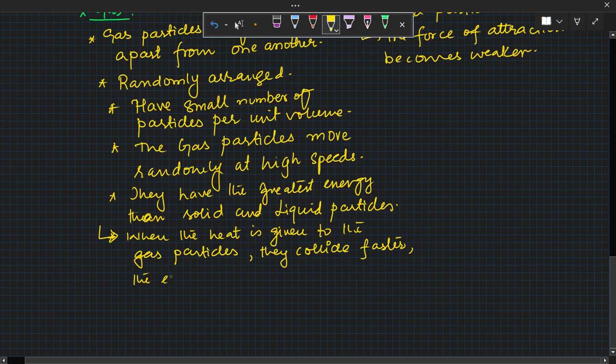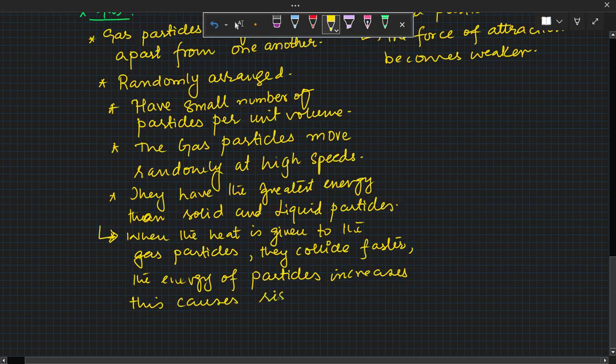The energy of particles increases, and this causes a rise in temperature. Is this clear now?